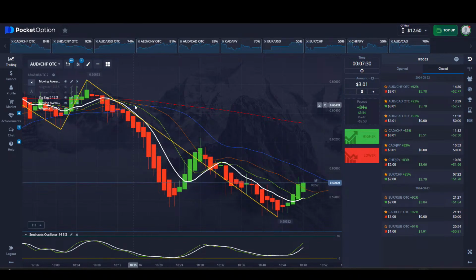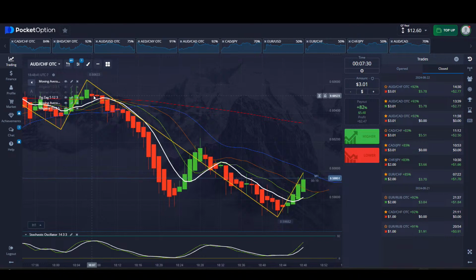And as the alligator strengthens its grip, the separation between the green, the red, and the blue widens. So the alligator's opening up its mouth so that it can consume a little bit more, if that makes any sense. And also the zigzag. You'll notice right here when the green crossed to go down that the zigzag formed up here at the top.